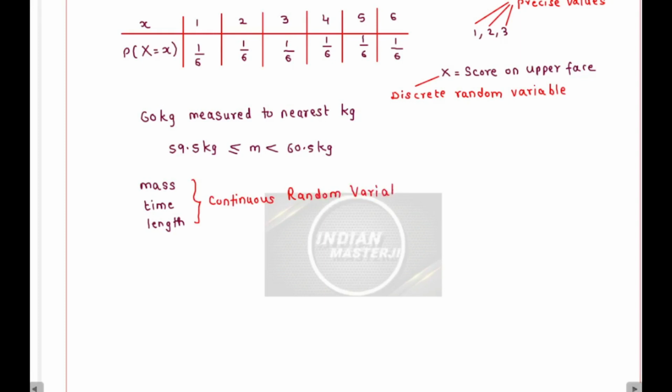So if X is any continuous random variable, how do we define it? How do we represent it? Let's understand that.